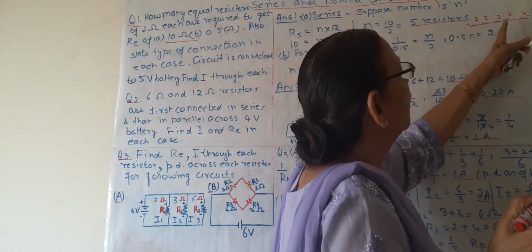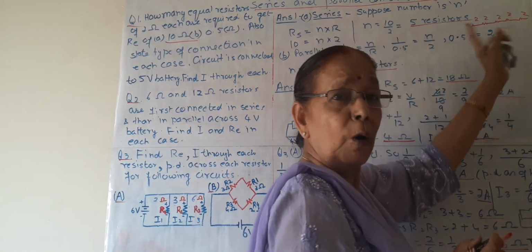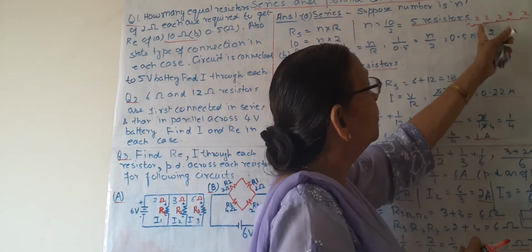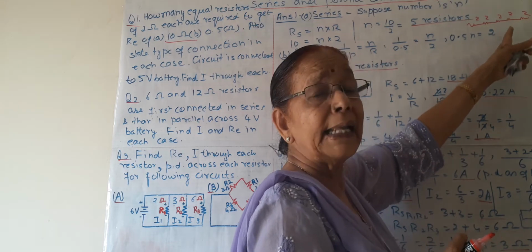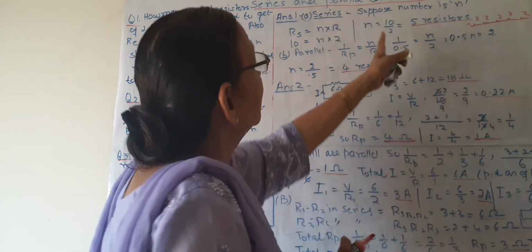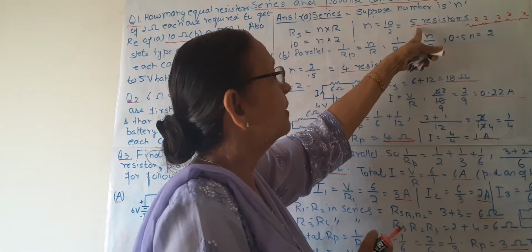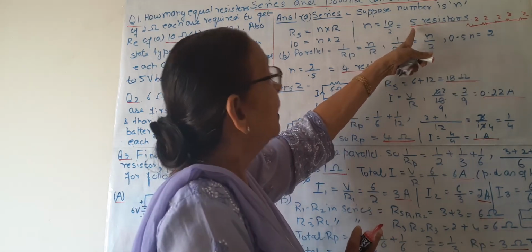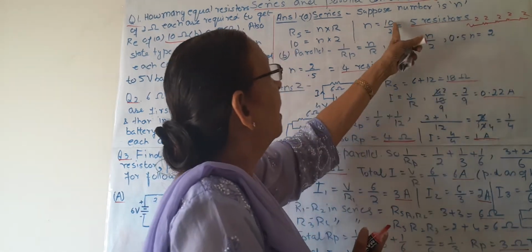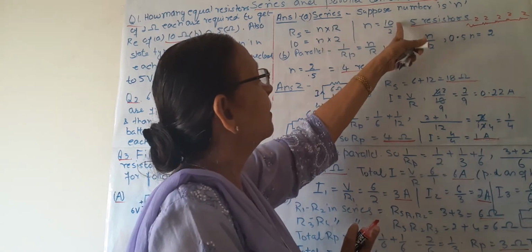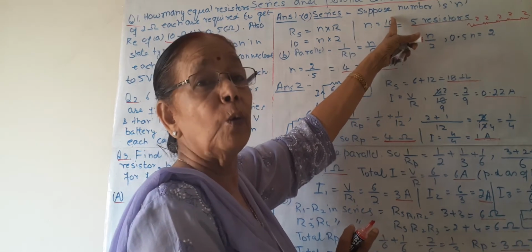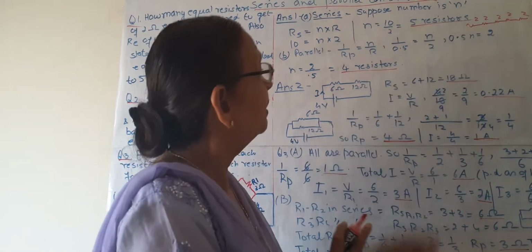R1, R2, R3, R4, R5. So all are summed up. 2 plus 2 plus 2, we will get 10. So we can check these 5 resistors is correct, as the RS, or the total resistance in series, is 10 ohm here. So this is how we will calculate.